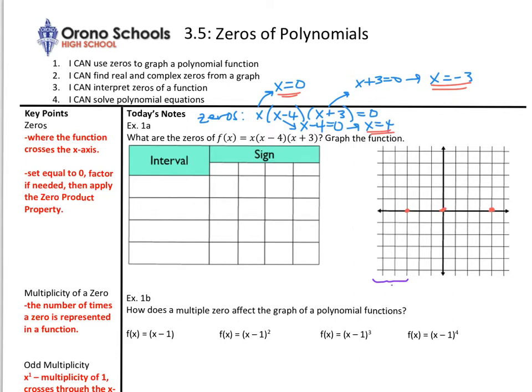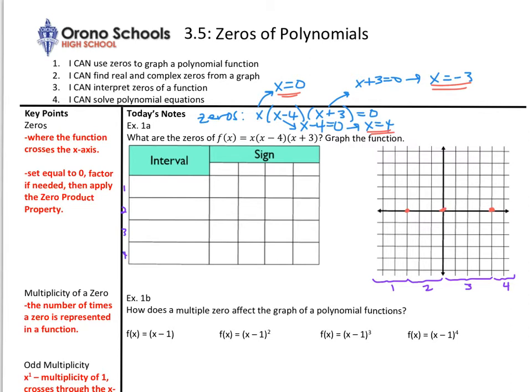We'll call that interval 1. Between negative 3 and 0, that's interval 2. Between 0 and 4, that would be interval 3. And then from 4 on, that would be our fourth interval. So we'll have intervals 1, 2, 3, and 4.